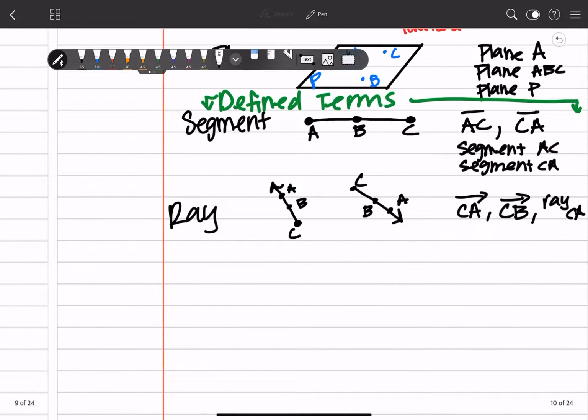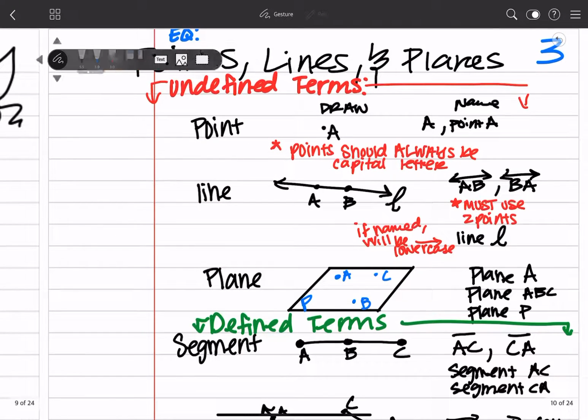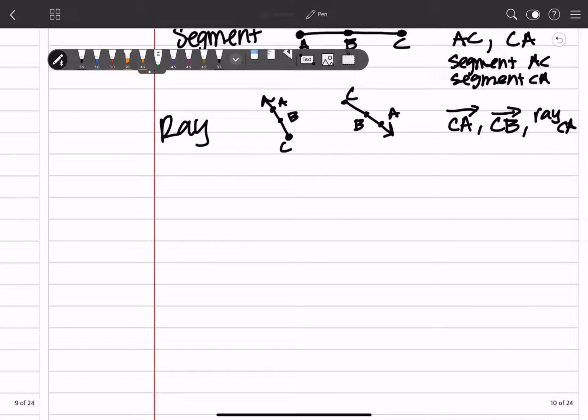Quick caveat. If you noticed about our lines up there, I could technically cover it up from here and it'd be a ray. I could technically do the same here. And that's because a line is composed of opposite rays as well. So I'm going to do that in a different color here.